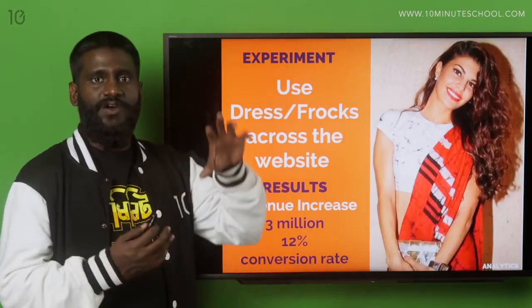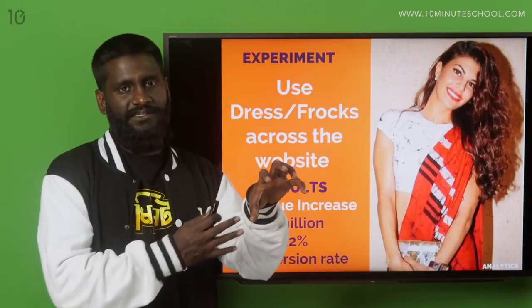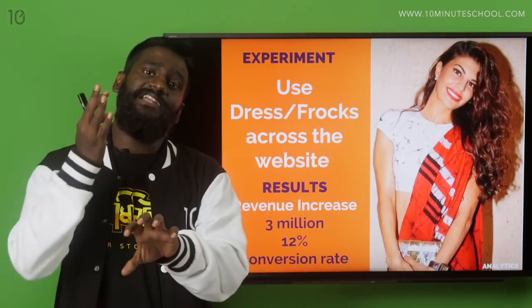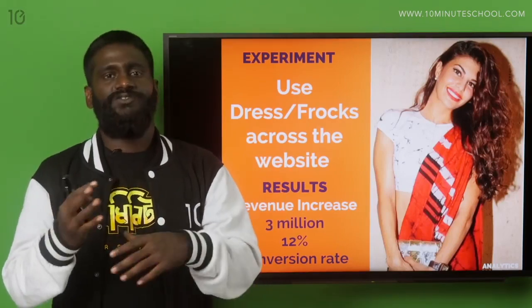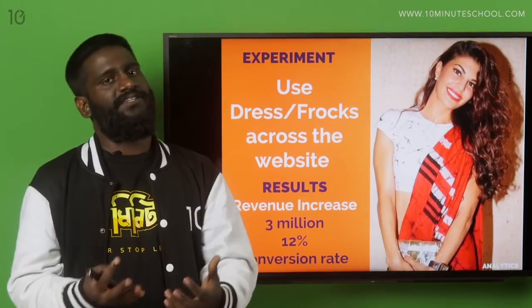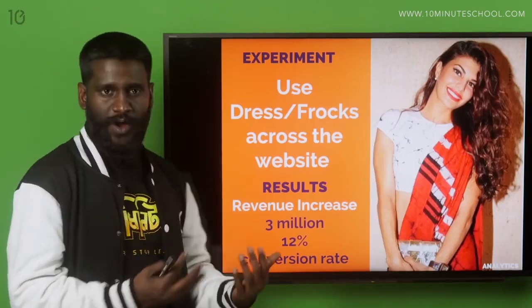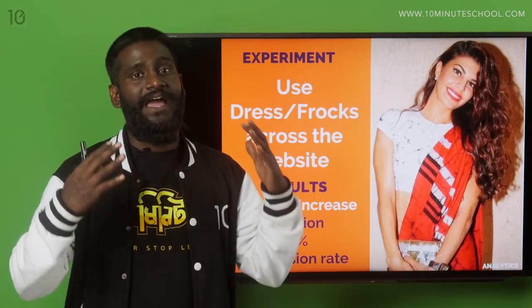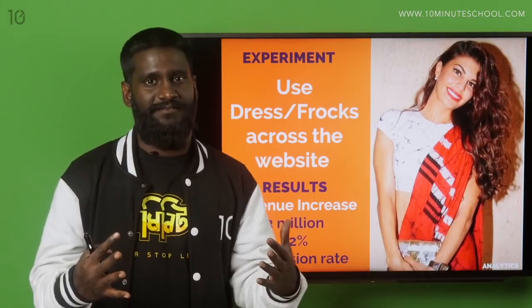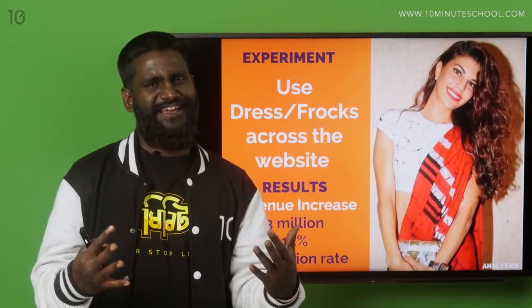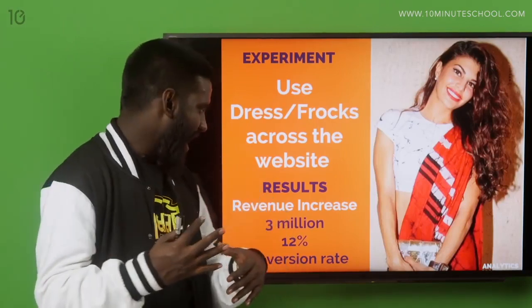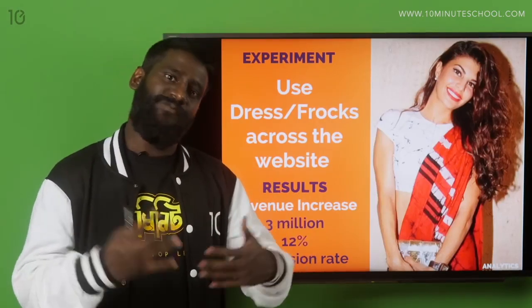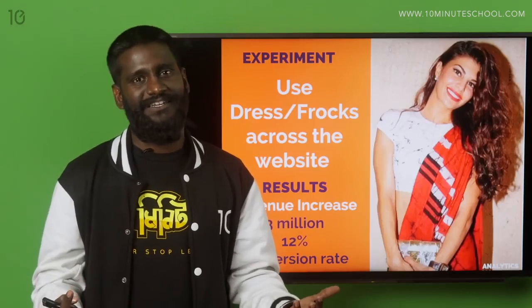We created one control which only had dresses, and one variant which had dresses / frocks. We did it in every place where dresses was there. And you know what? We were able to improve our revenue by 30 million Sri Lankan rupees. That's like, whoa. And the conversion rate improved by 12%. I mean, that's a big deal.